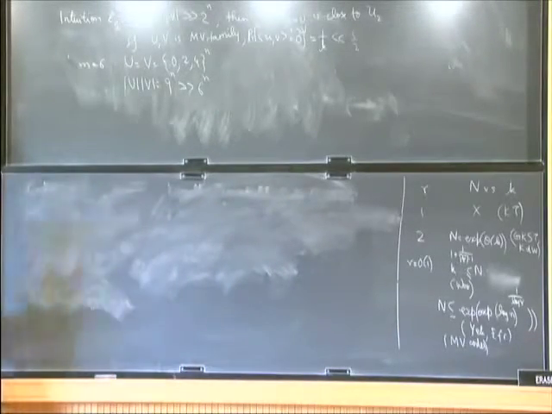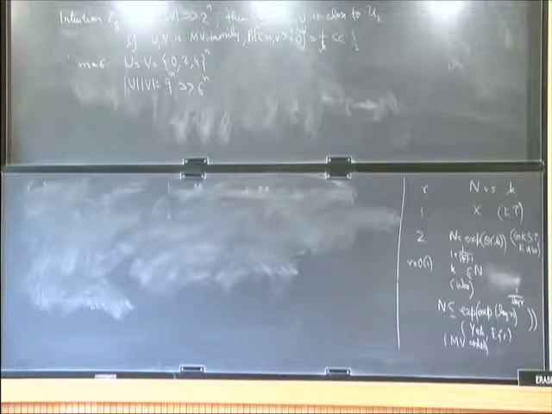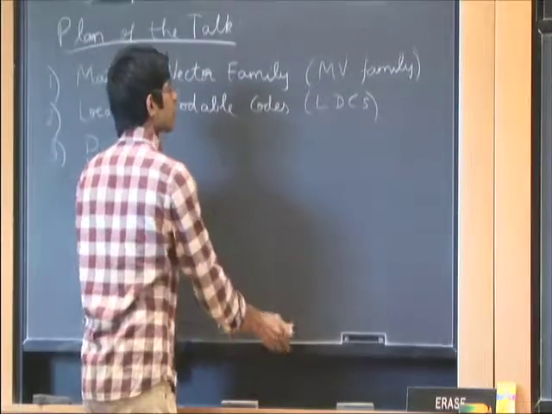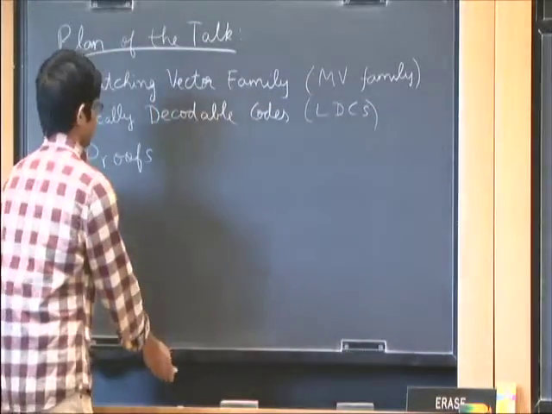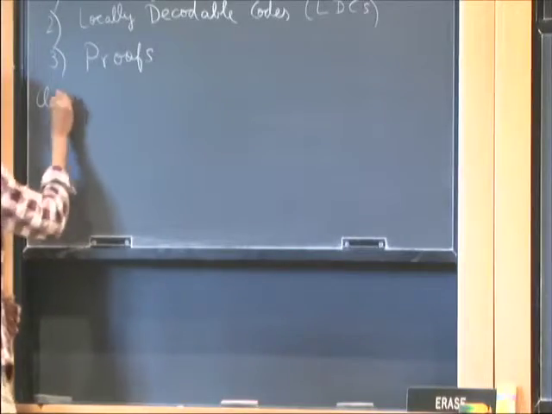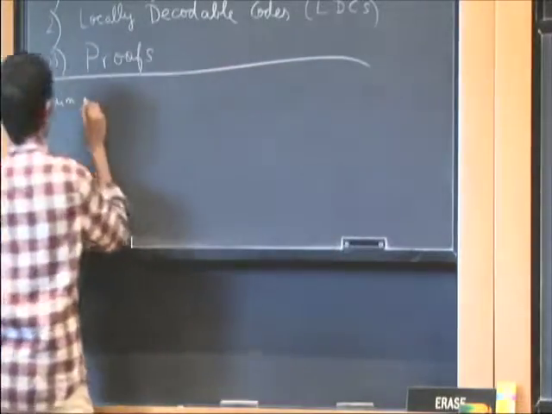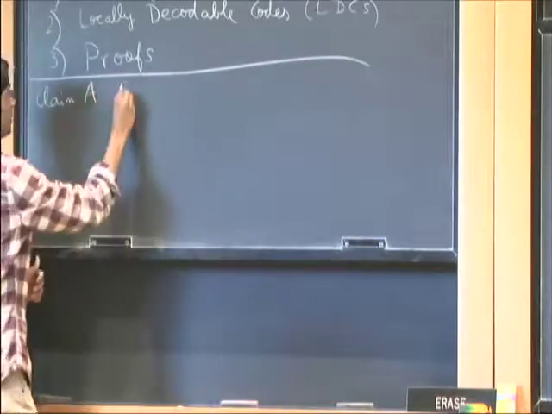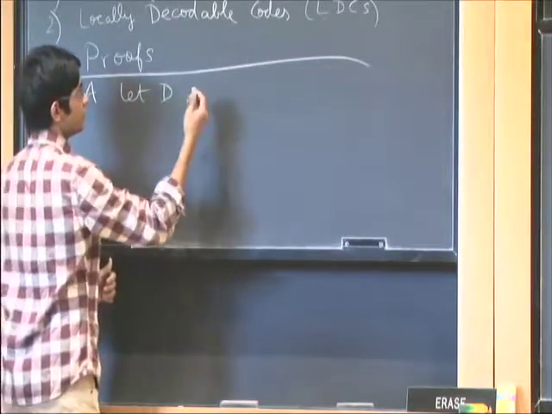Okay, so we'll need the following claim, which we'll use again later, so I'll write it over here. Let D be a distribution over Zm.